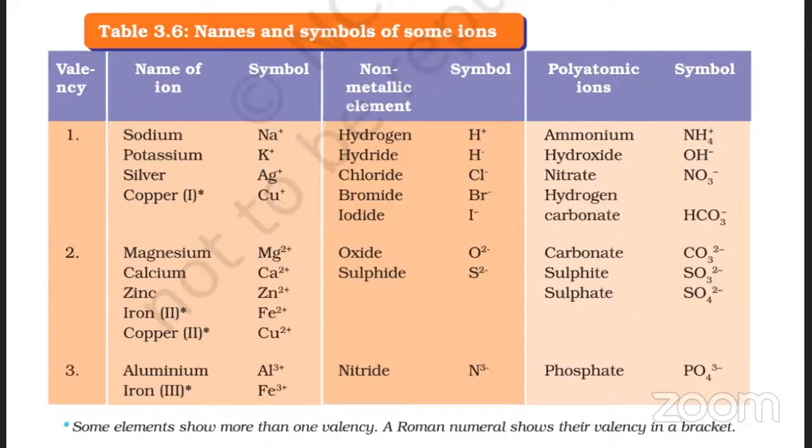Positive shows that it will give electrons, and negative shows that it will gain electrons. Generally metals have the ability to donate electrons, and non-metals accept the electron and become negative. And the third column is polyatomic. You will see more atoms are together and form the ion with net charge.